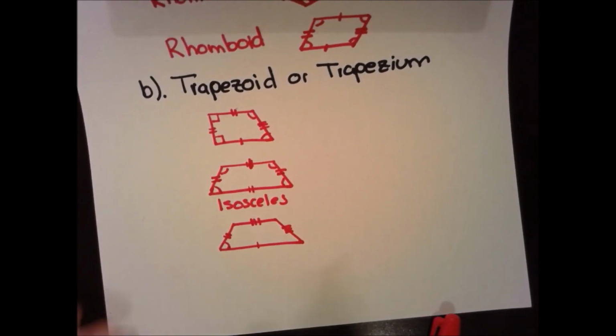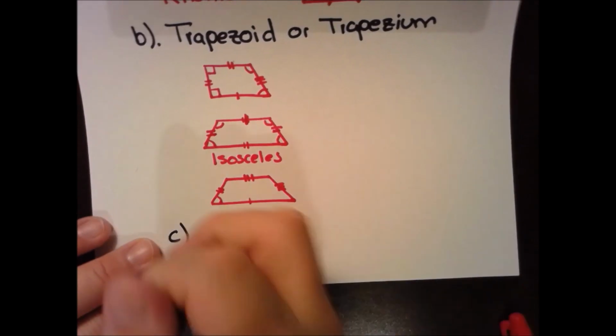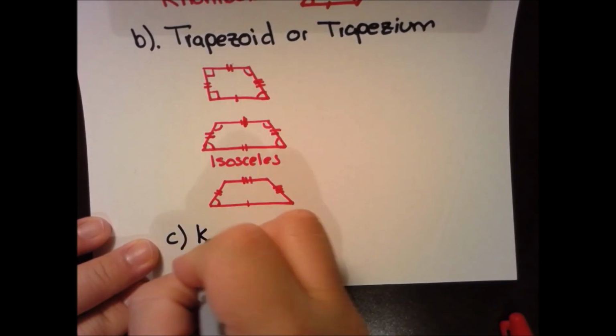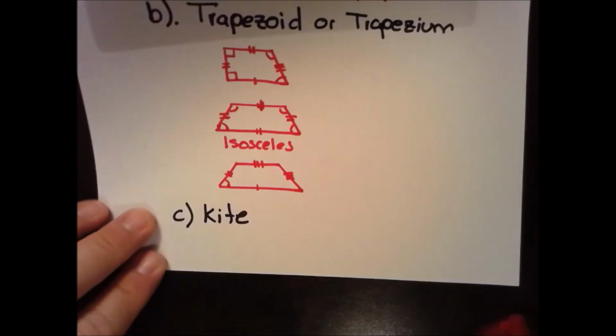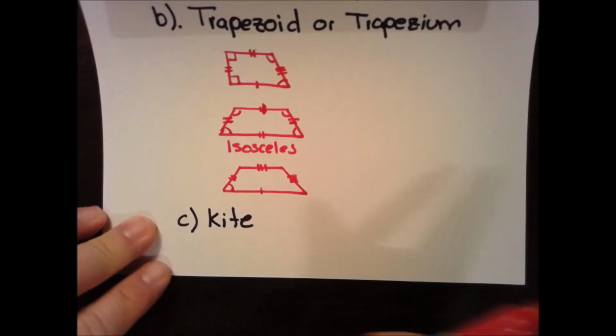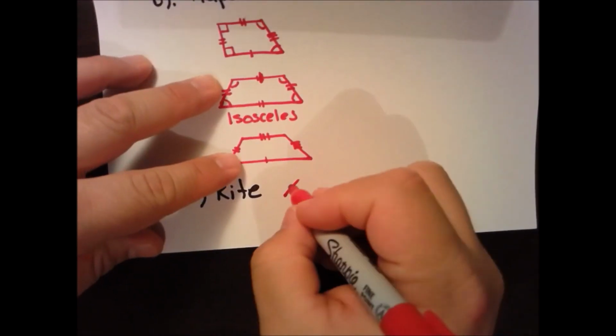The last one is going to be called, letter C, kite. Okay, the kite is something similar to a rhombus, but it's not the same. The kite is going to be something like that.